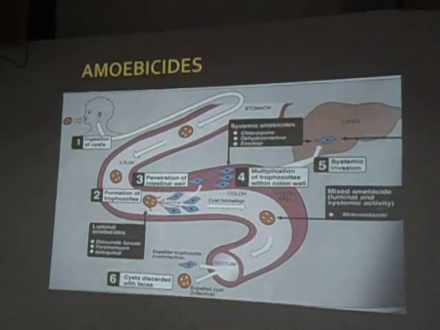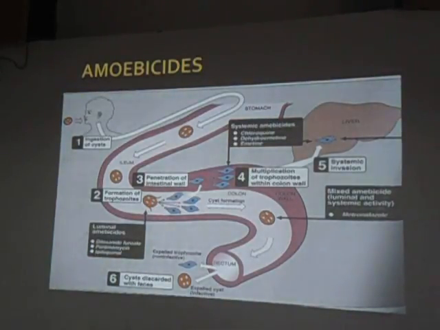So once the cysts are ingested, you can see here they form trophozoites, and multiplication of the trophozoites occurs within the colon, where we have systemic amoebicides such as chloroquine, dehydroemetine and emetine. Once there is hepatic invasion, we should use these hepatic amoebicides.